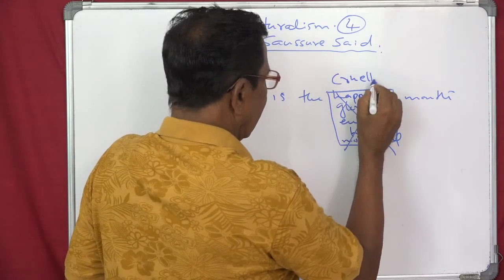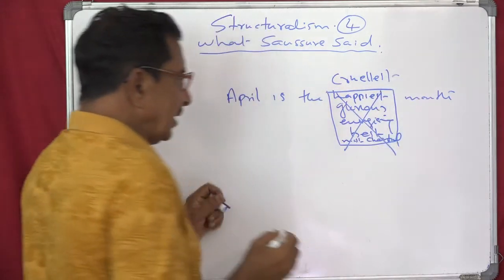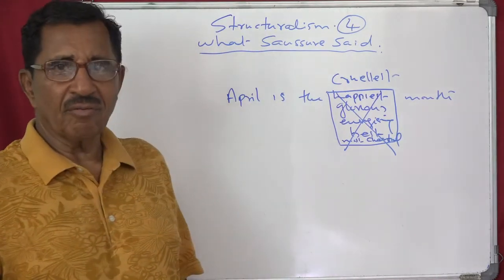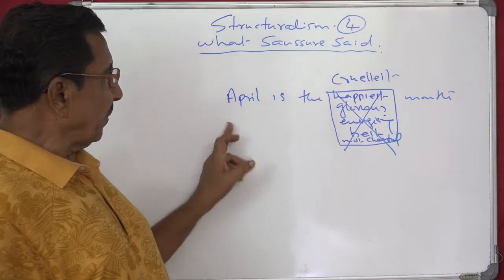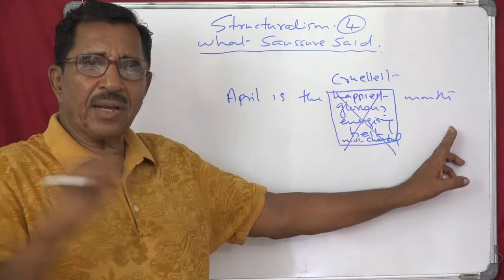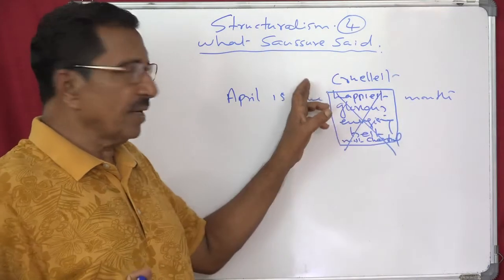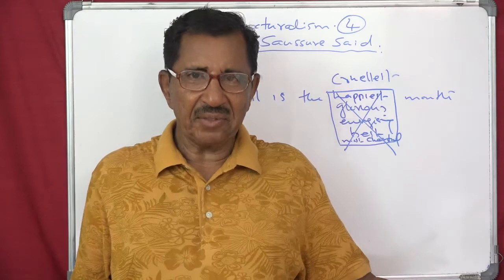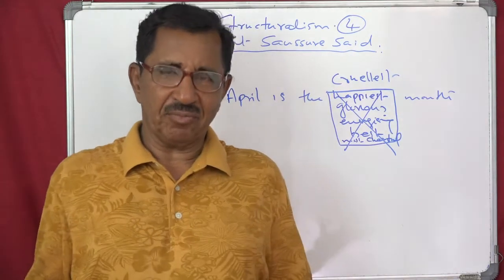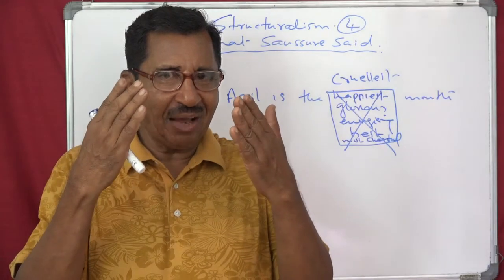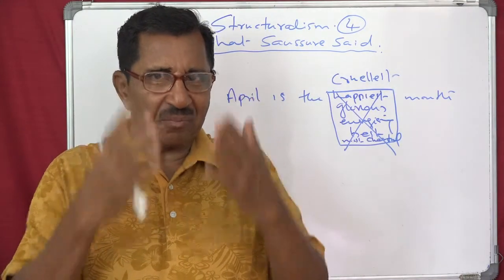See that? Can you replace cruellest by any of these? No. So what happened? April is the happiest month would have been perfect syntagm and perfect paradigm. But here what happened? April is the cruellest month. The syntagm is broken, paradigm is broken. So we can expect what is going to happen in this great poem.